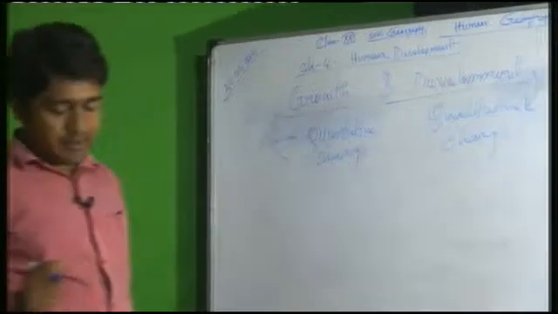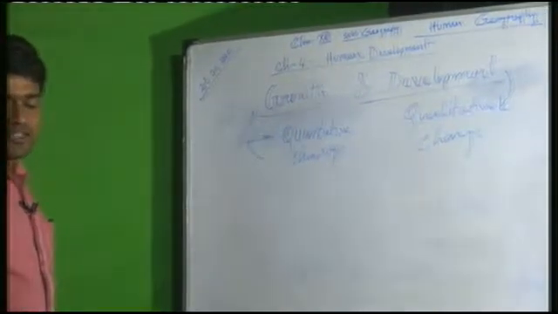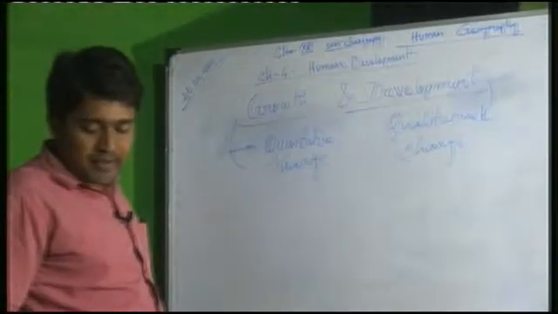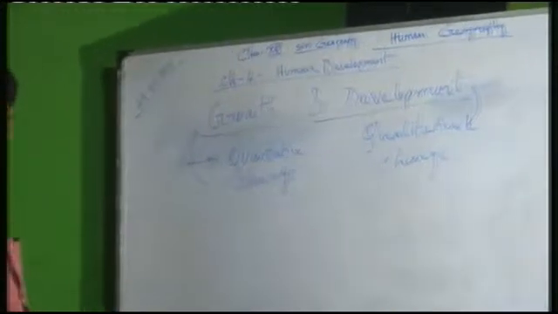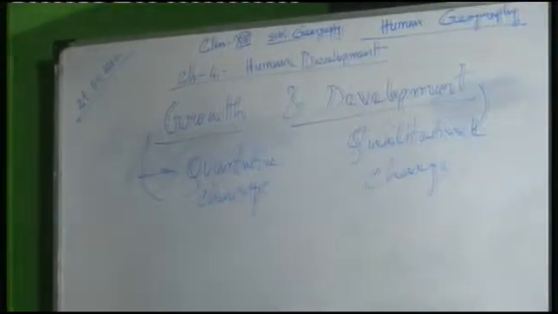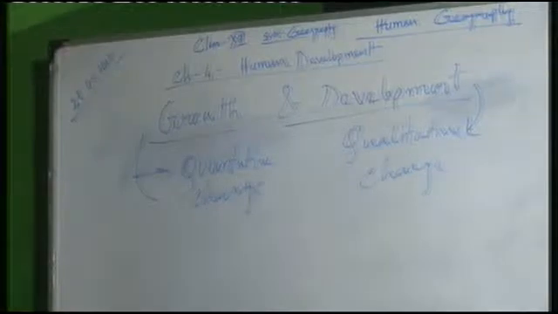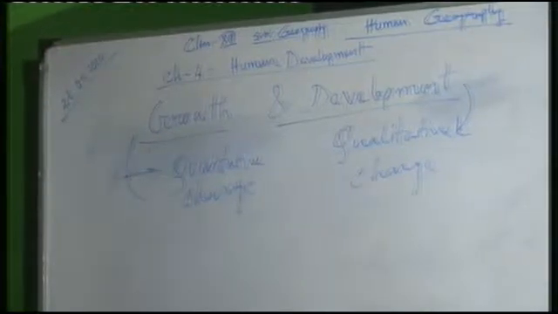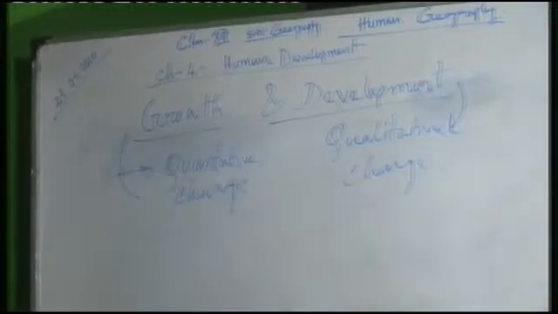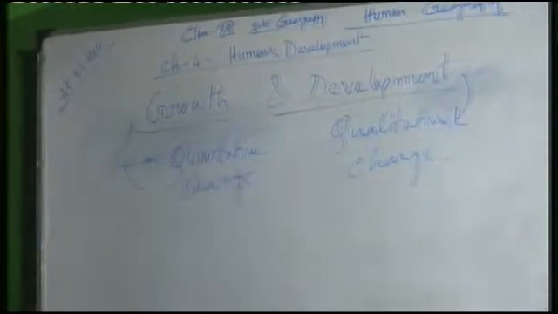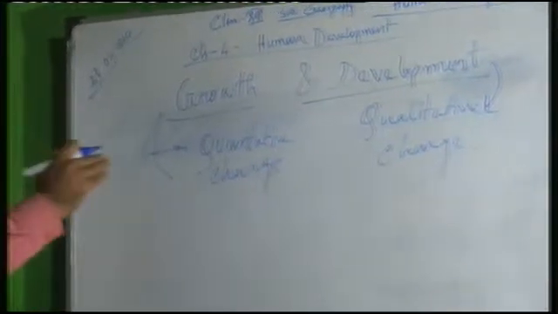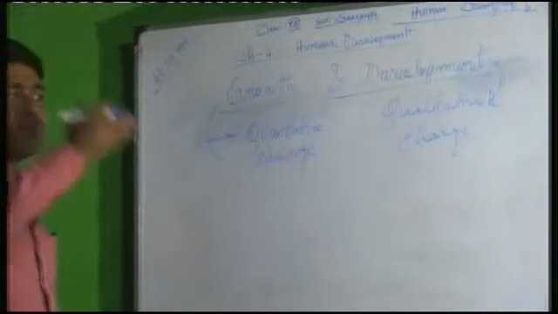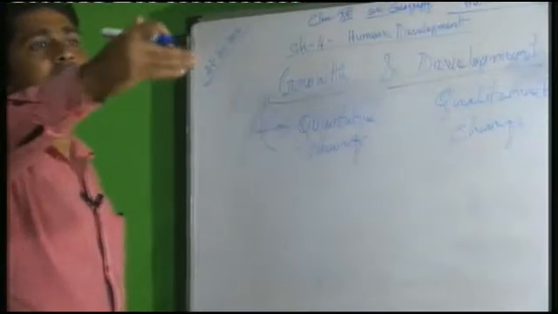Now growth and development. First of all, this chapter discusses the concept of human development and the notions of communities. Growth and development, both refer to changes over a period. Obviously these two terms we can understand through changes over time, or a time gap.